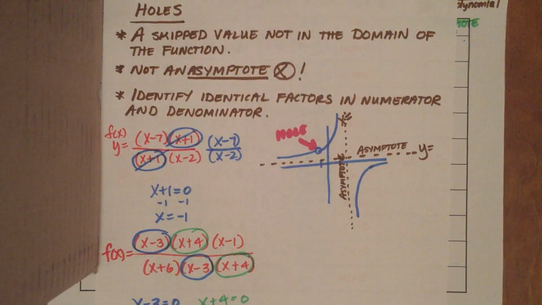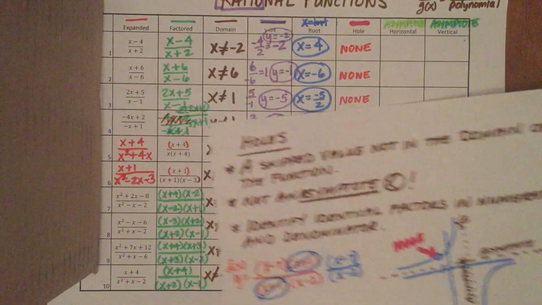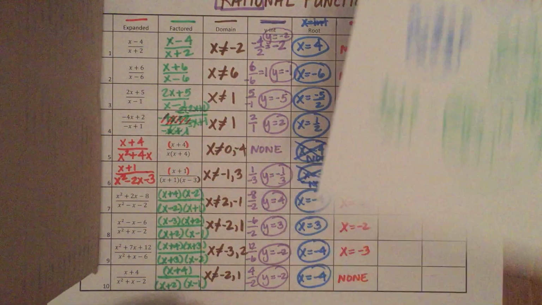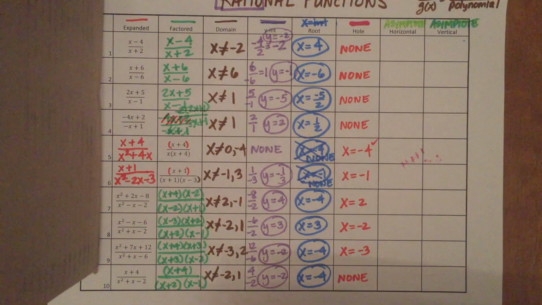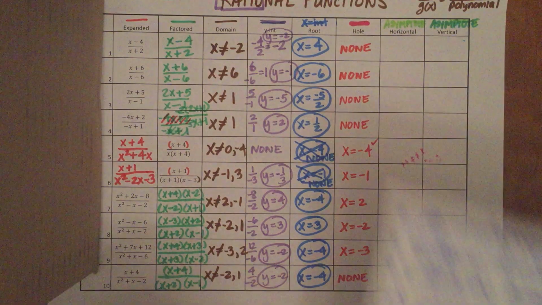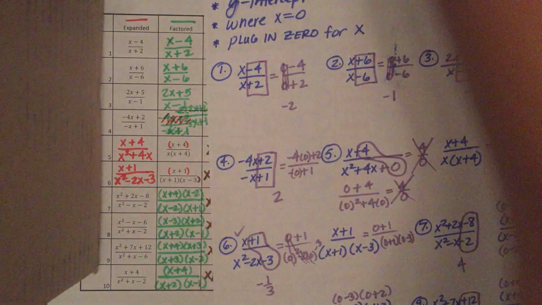So how do we find these asymptotes? Well, we're going to do the horizontal asymptote first. For the horizontal asymptote, you're going to be looking at the lead terms of all of your functions.